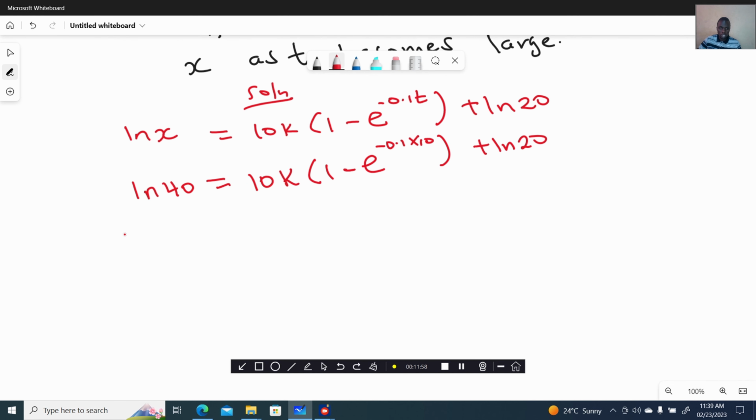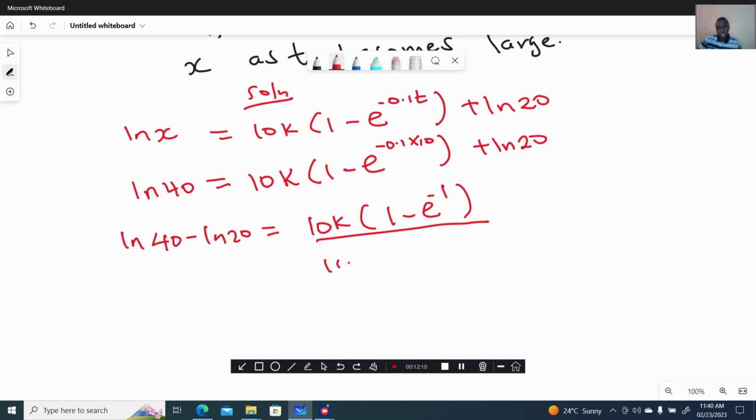So we'll subtract: ln 40 minus ln 20 equals 10k into 1 minus e to the power of negative 1. So you can divide both sides by 10 into 1 minus e to the power of negative 1.